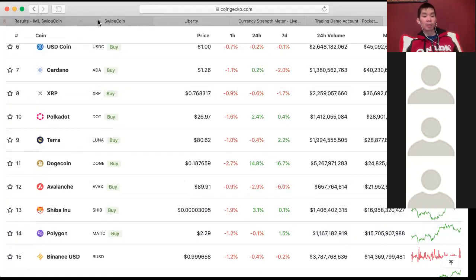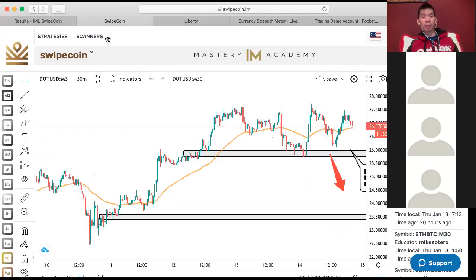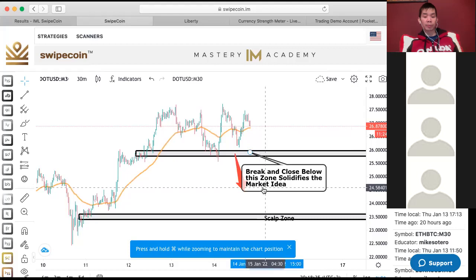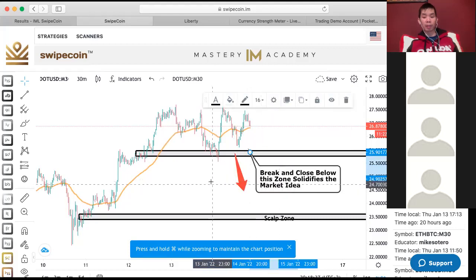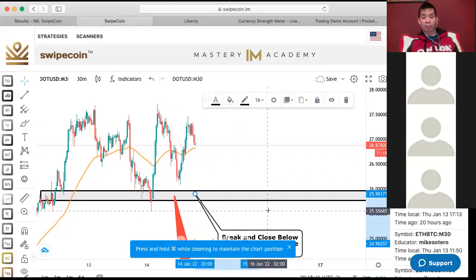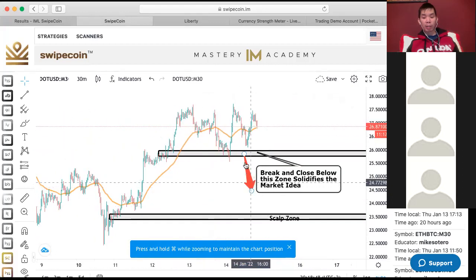But going back to the Swipecoin AltFi. It's the same idea as your Swipecoin scalper, right? But here, oops, sorry, I didn't mean to do that. It's the same thing, right? They're telling us, let me just move this, that it's going to be on a downtrend, right?